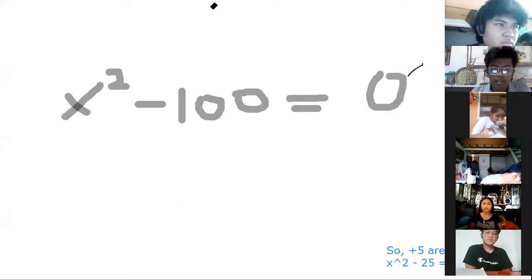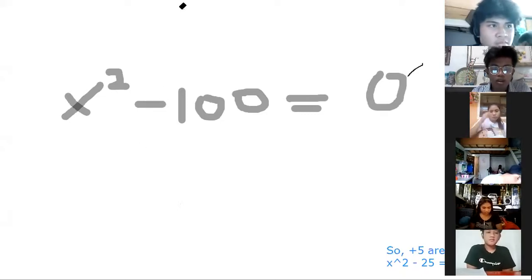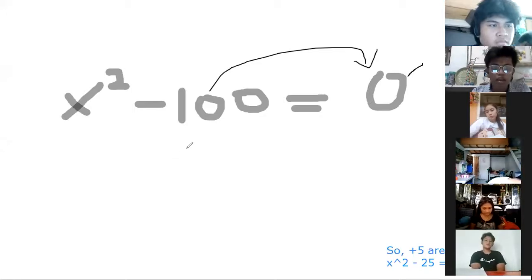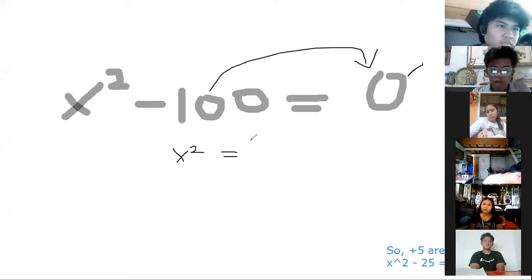Okay. So first, we need to transpose 100. So lipat natin dito sa kabilang side. So magiging equation natin is x squared is equal to positive 100. Ayan.